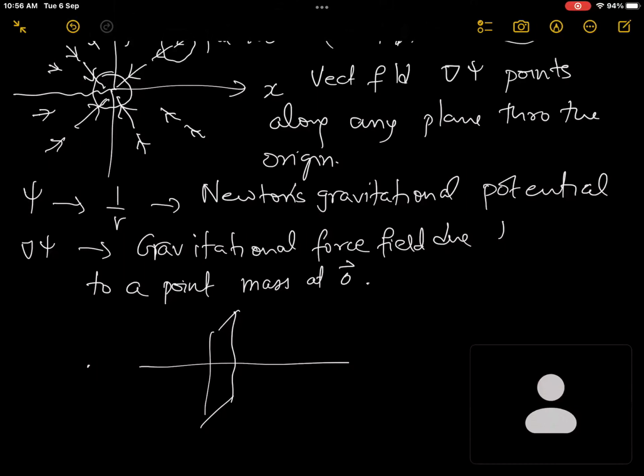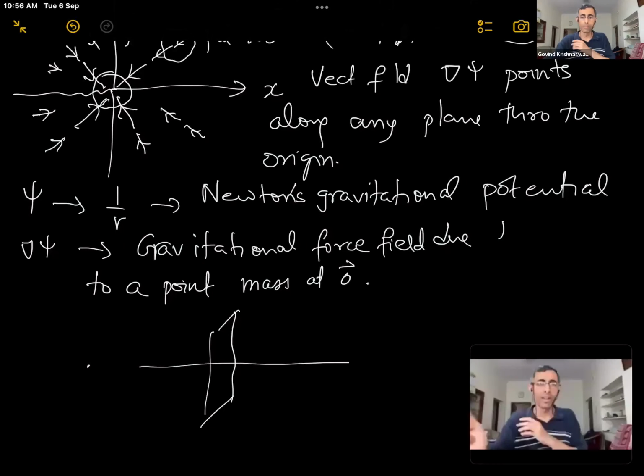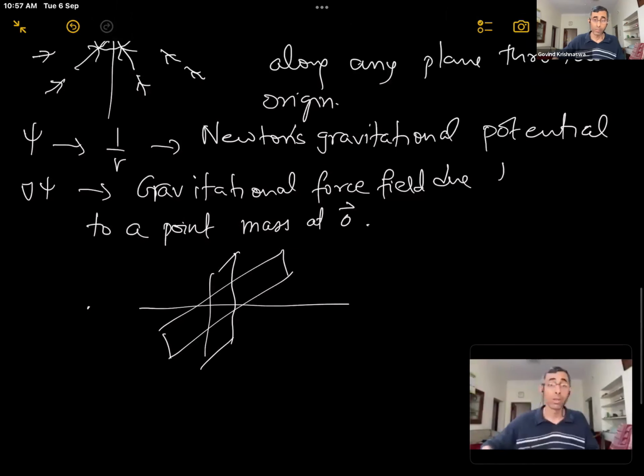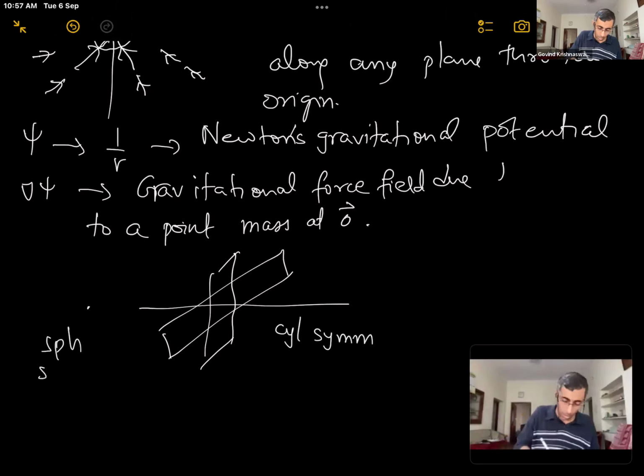Yes, it's a good point: spherical as opposed to cylindrical symmetry. In that case, the choice of plane does matter. If you choose a different plane, the direction of the force field would not first of all be tangent to the plane. The situation is going to be different precisely because you don't have spherical symmetry. You only have cylindrical symmetry. So this is a point charge, and this is a line charge.